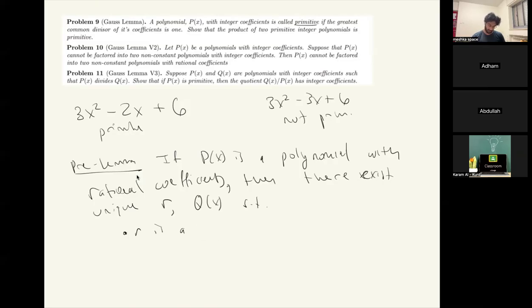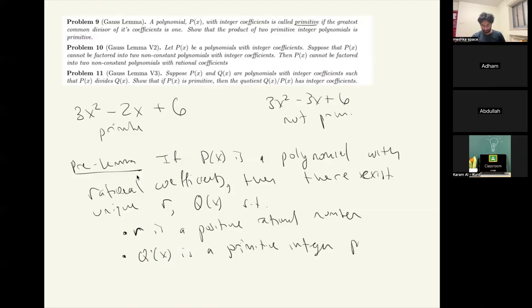So not a polynomial, it's a number. Positive rational number. And Q of x is a primitive integer polynomial. And P of x equals R times Q of x.